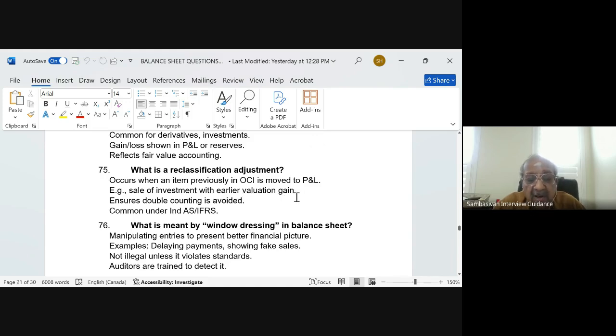For example, an asset valued at 10 lakhs as per book value is sold for 20 lakhs. That extra 10 lakhs will be credited to OCL, but it is to be accounted for and shown. Ensures double counting is avoided, or it is not taken to income directly. It is common under Ind AS and IFRS.